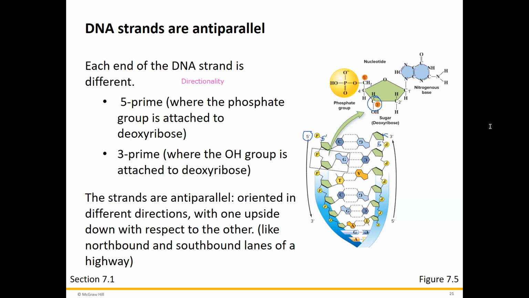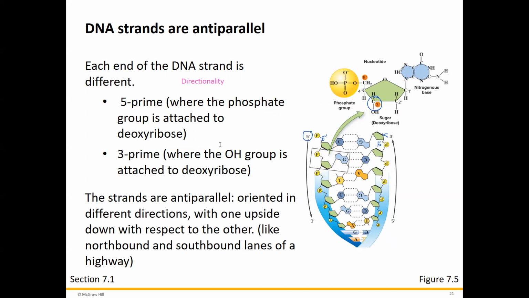So DNA has directionality, and there are proteins that have directionality as well. And the way we figure out directionality is looking at the carbons. The 5' is where the phosphate group attaches to deoxyribose.